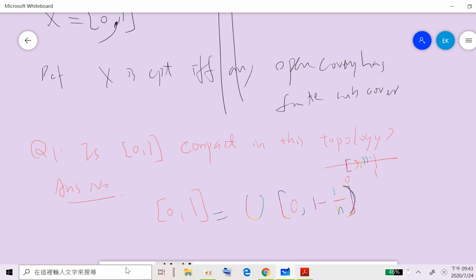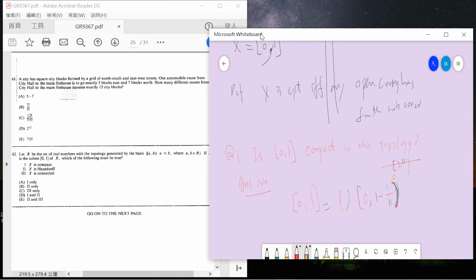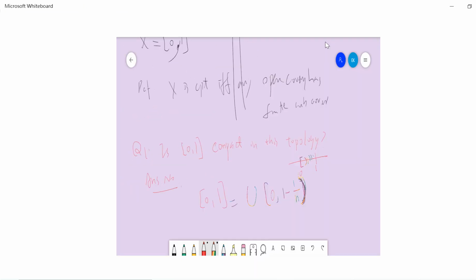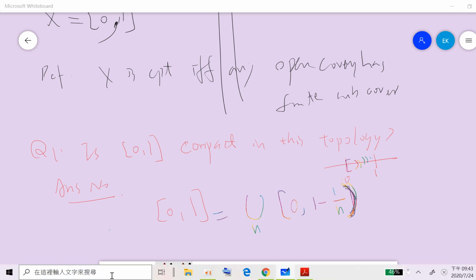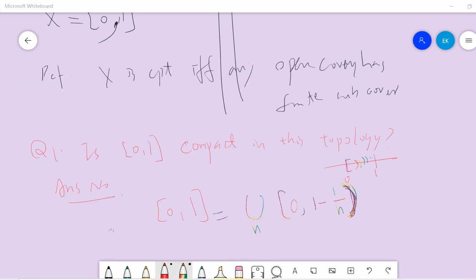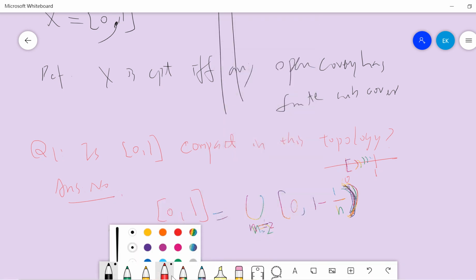Maybe from 1 to 2. N equal to 2 to infinity.